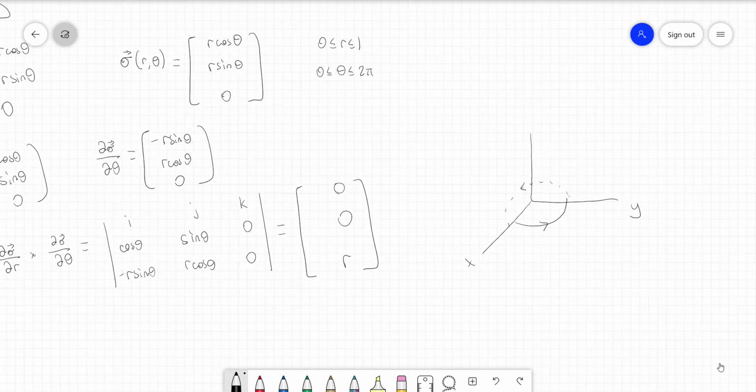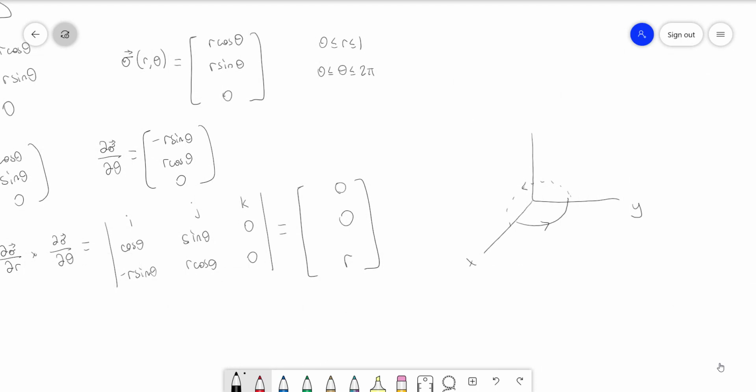For this disk in the xy plane, there are two possible normal vectors we could use, one pointing upwards, one pointing downwards. The parameterization we came up with gave us an upward pointing normal vector, upward because r is non-negative.